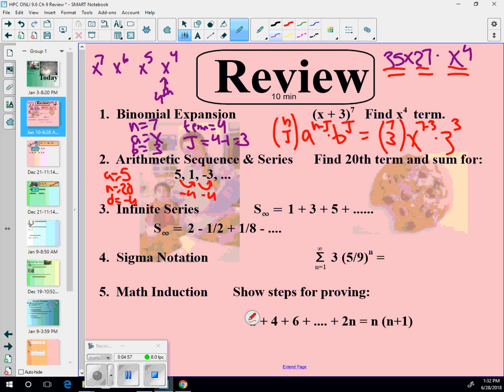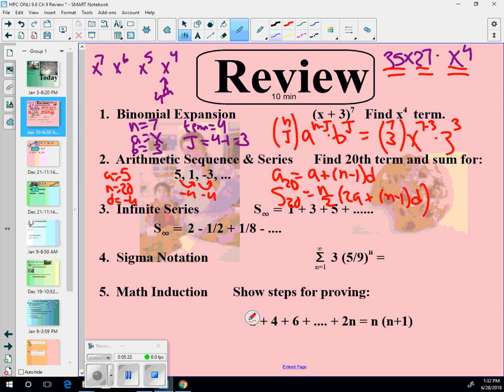If we want to know the 20th term, you go a plus n minus 1 times d. If you want to know the sum of the 20 terms, you go n over 2 times 2a plus n minus 1 times d. And just plug those values in and get your answers.